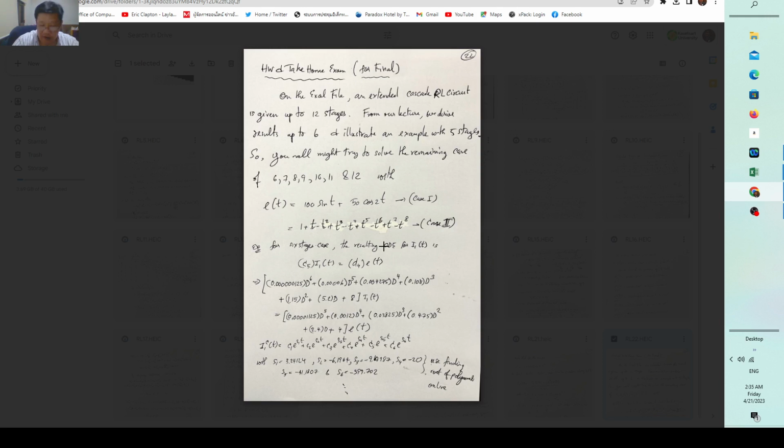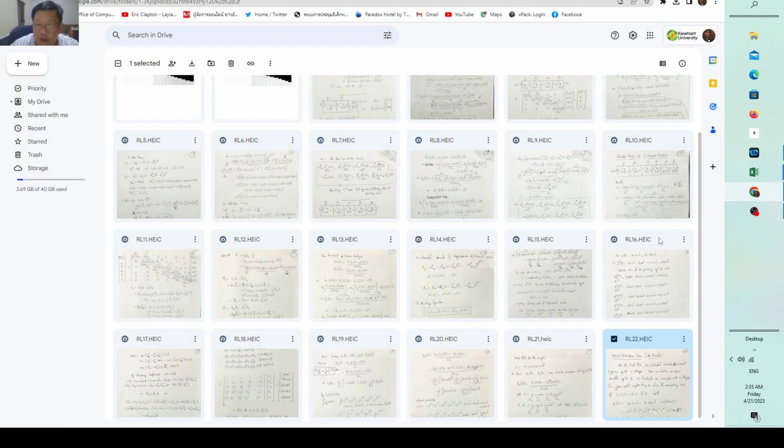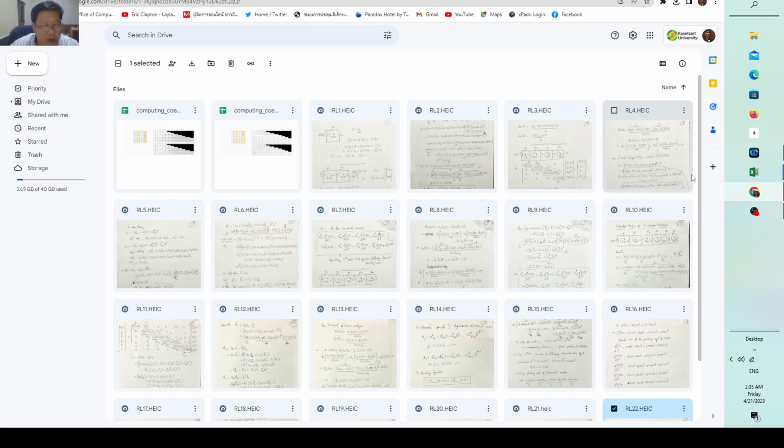You go back, understand both clips, watch them again and again, and start working on the problem already using these two Excel files to help you, and do as much as you can and make a submission within the due date that we'll assign to you later. Okay, and next time maybe another clip. And we might meet in class one more time, based on appointment.